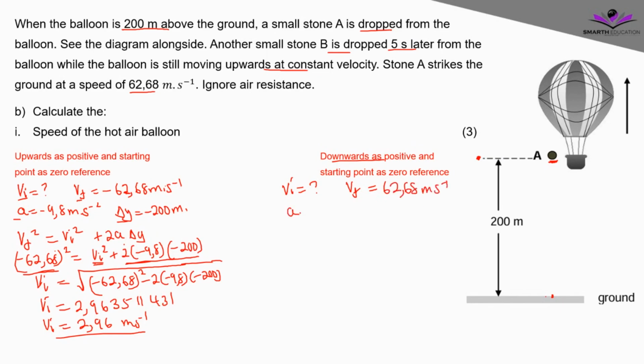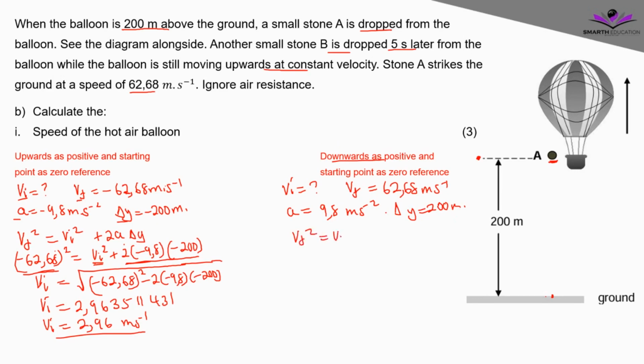Acceleration, with downwards positive, is positive 9.8 meters per square second. And displacement is 200 meters. The calculations are just the same, using the same equation of motion.